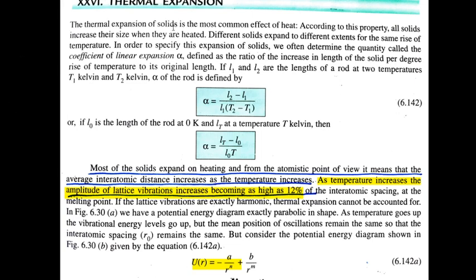thermal expansion of a solid is the most common effect of heat, and according to this property all solids increase their size when they are heated up. Okay, and I think the railway track example is well known, we are learning it since the 11th standard, that रेलवे की दो पटरी के बीच में थोड़ा गैप रखते हैं, because in the winter it gets contracted and in summer it gets expanded.